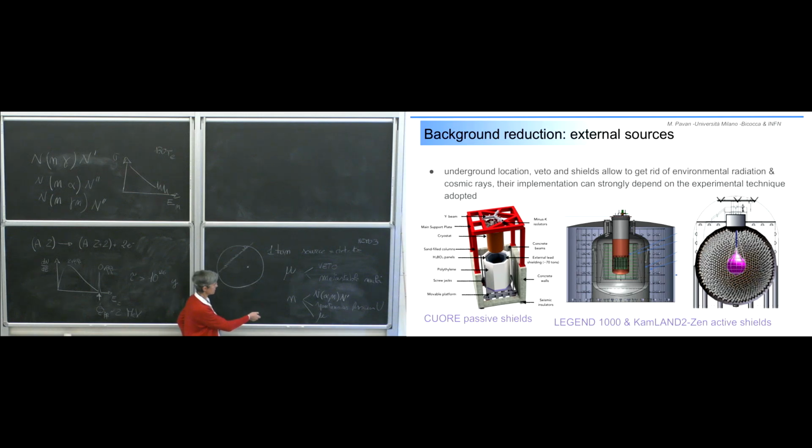In the case of dark matter, it was exactly the neutrons induced by muons that were dangerous, because neutrons produce exactly the same signal as the interaction of a WIMP, a nuclear recoil. So there is no way to distinguish between a WIMP signal and a neutron signal, so I have to remove all the possible neutron signals. So we discussed if it was deep enough. And in that case, it's very specific to the experiment.